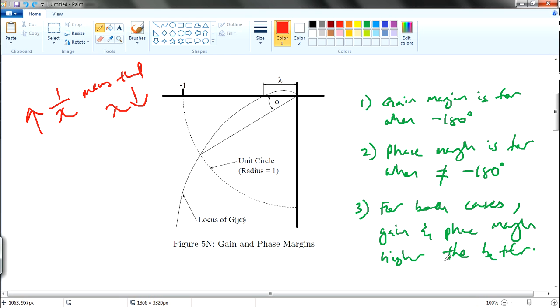And for the phase angle to be big, theta has to be small. So the bigger this phase angle, the better, more stable. This is generally the gain and phase margin that I want to convey.